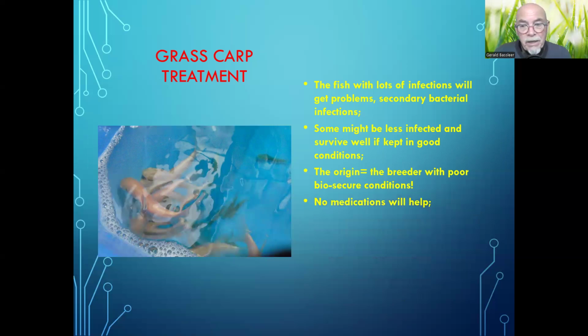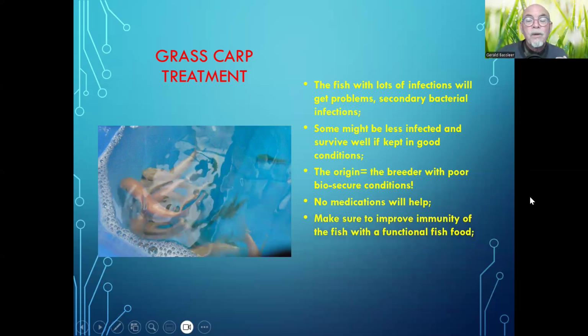No medication will help. This is too advanced, when it has progressed with so much damage in the gills, and the medications usually do not reach the enclosed bacteria in the tubercles, and certainly not the metacercaria, which are encapsulated, protected from medications.